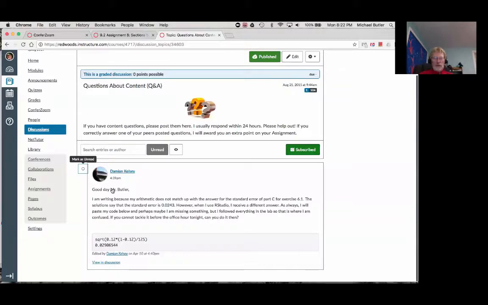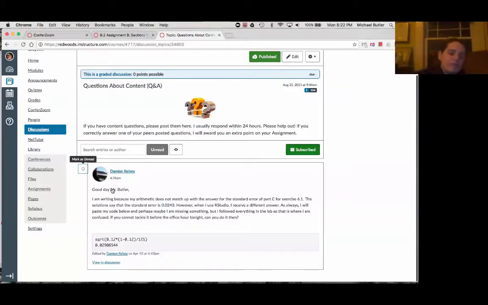I'm also finding that even if the tutors have taken statistics, they might not necessarily have experience with RStudio. Yes, so that's another angle that I've been facing.